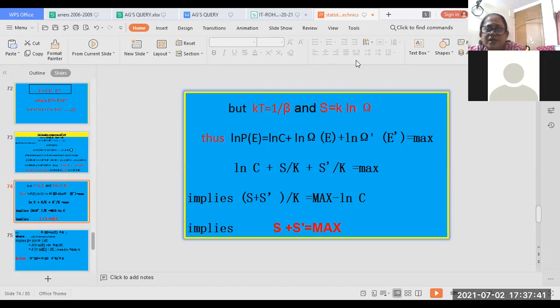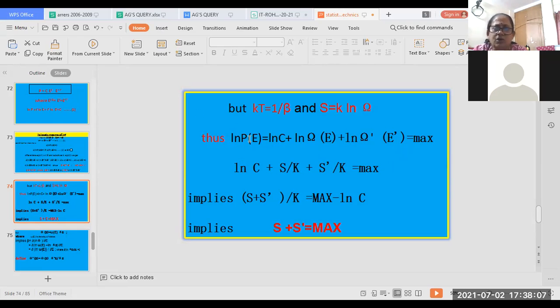Okay. And what is the connection here with respect to omega, k and S? S is the entropy, k is the Boltzmann constant, and omega is what? Accessible states. Okay. Just now we have studied that. So now try to remember the equation: P of E is equal to C times omega E times omega dash E dash.